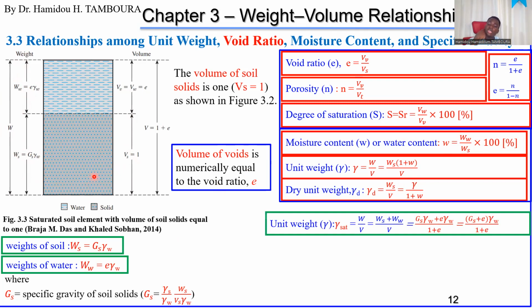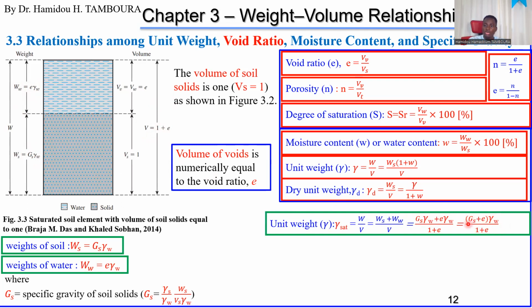Saturated unit weight, because in that case, the total unit weight will be just the saturated unit weight because the soil is saturated. So it will be weight of solid plus weight of water, divided by the total volume, 1 plus e.